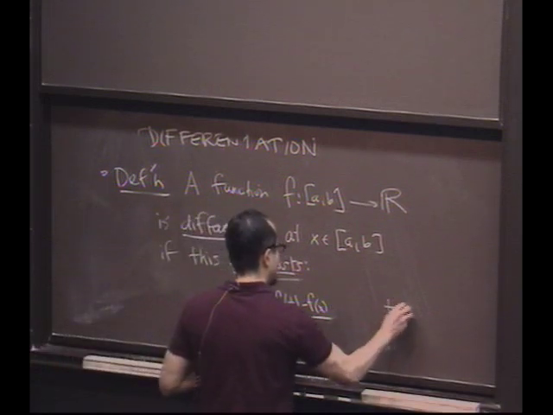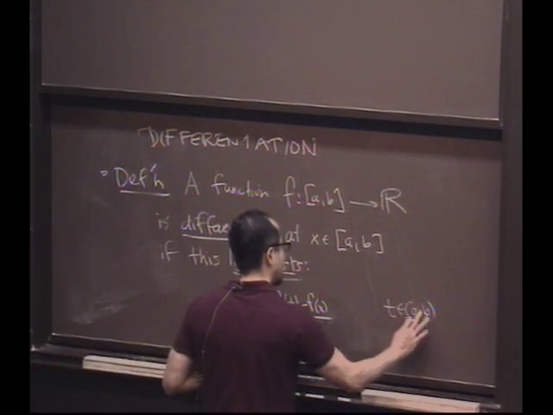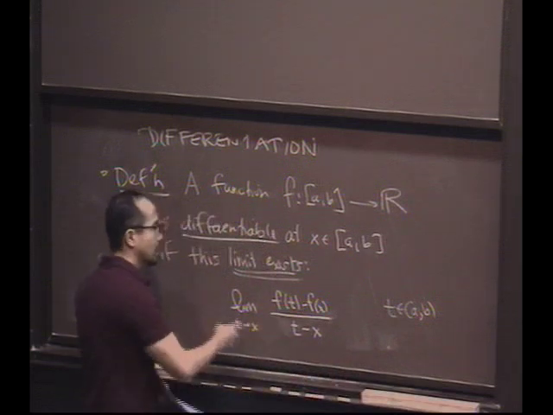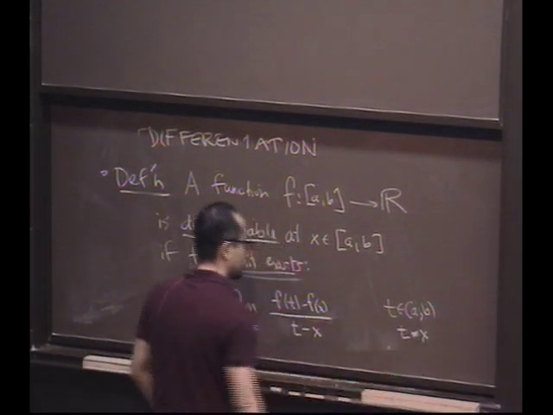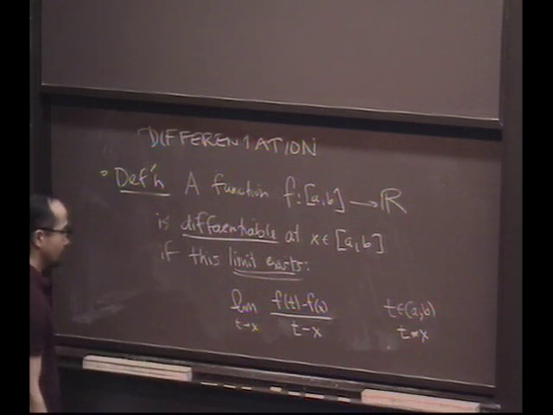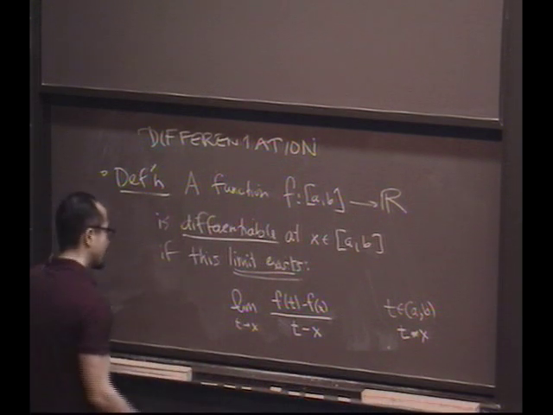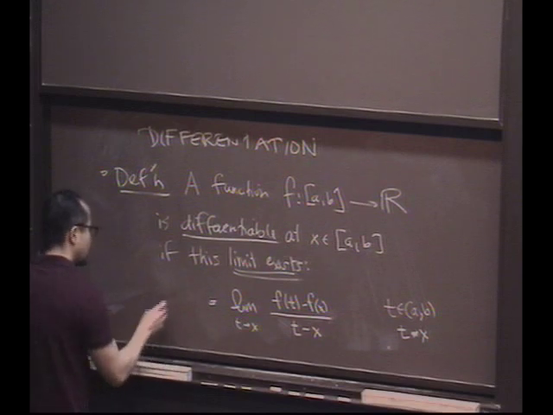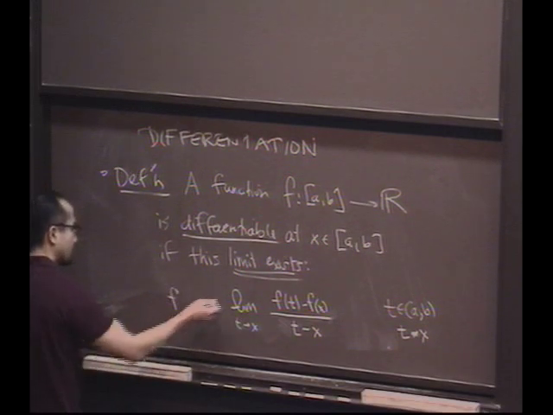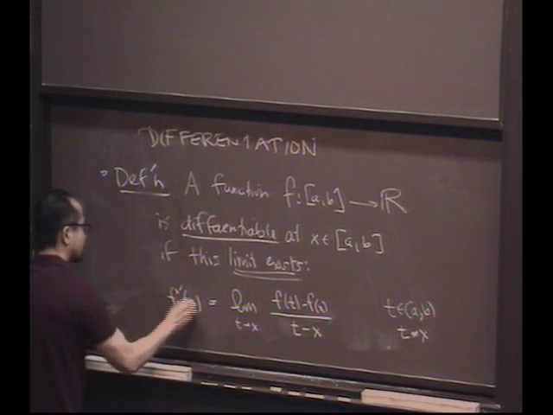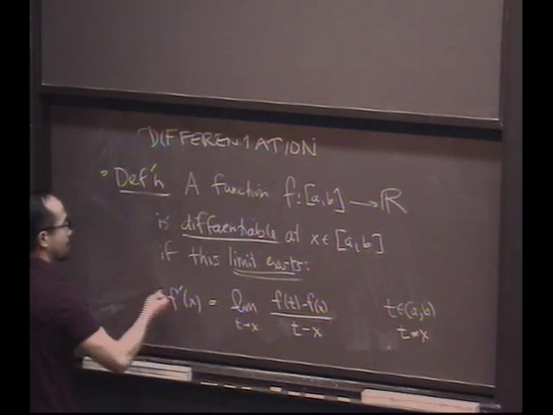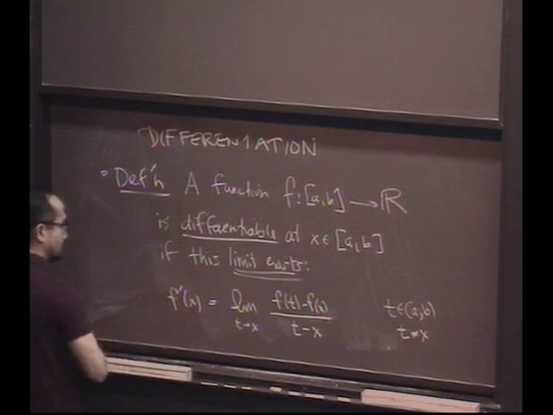We'll demand that t be somewhere inside the interval. So t is approaching x, but t is not x. That's something we're going to demand. And if this limit does exist, we'll give this limit a name. We'll call it f prime at x, because this limit may depend on x.